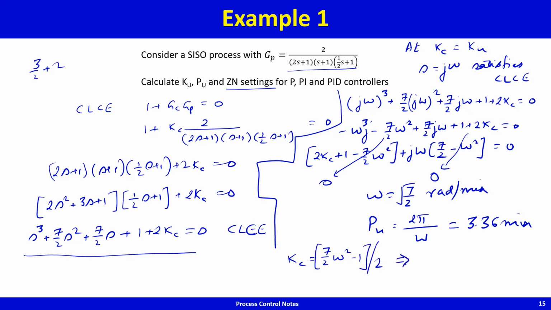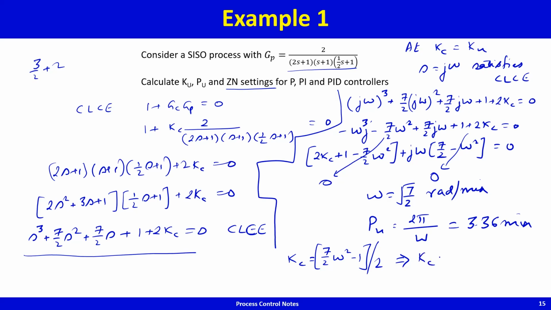If you substitute, omega square itself is 7 by 2, so 7 by 2 times 7 by 2 is 49 by 4, minus 1, so that's 45 by 4, so that's 45 by 8.